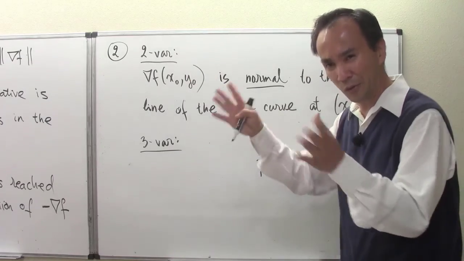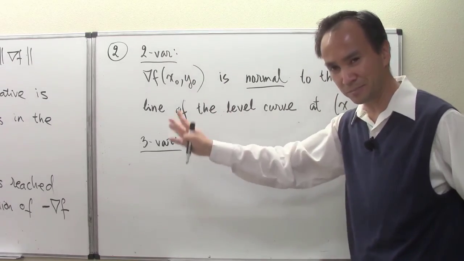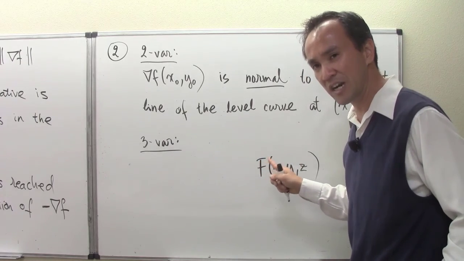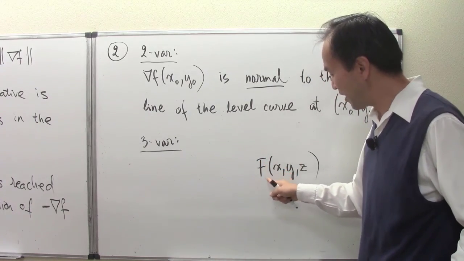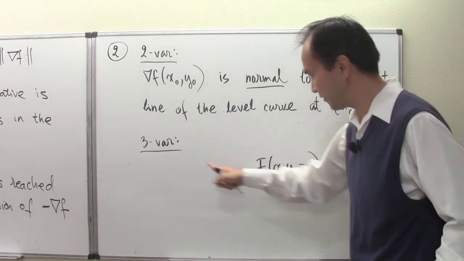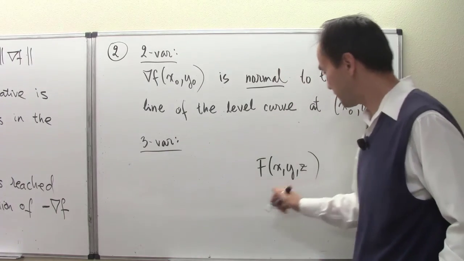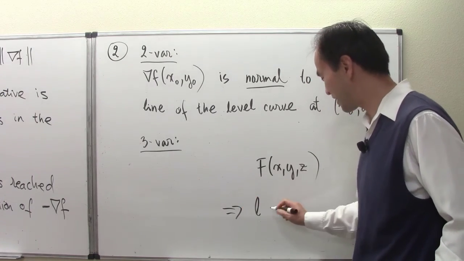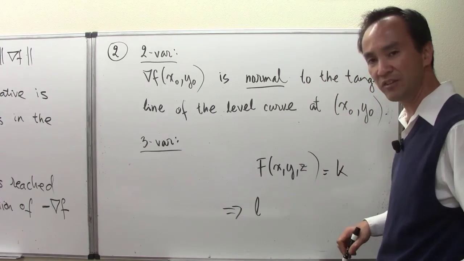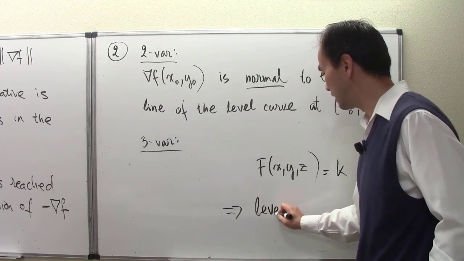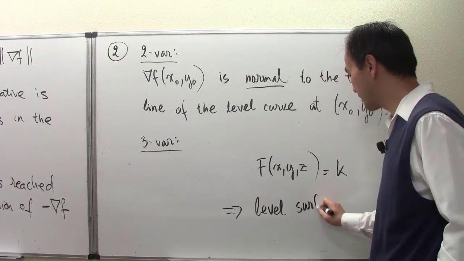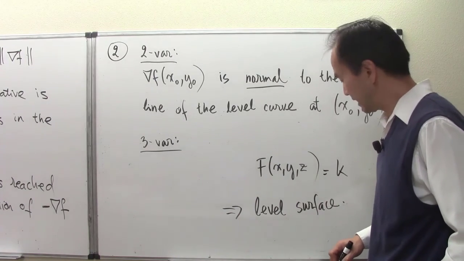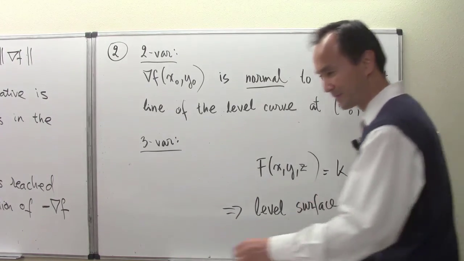As I explained in those earlier days when you learned about level curves and level surfaces, a function of 3 variables, when we set it at a value k, produces what's called a level surface. Keep that in mind.